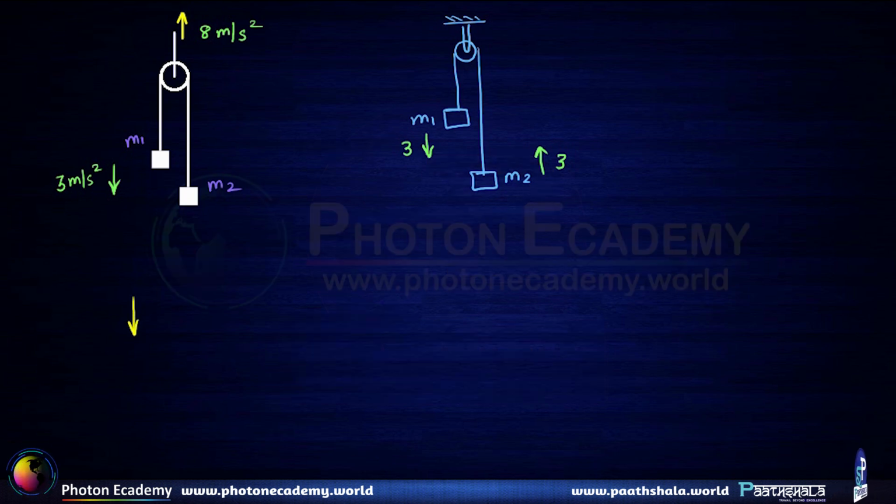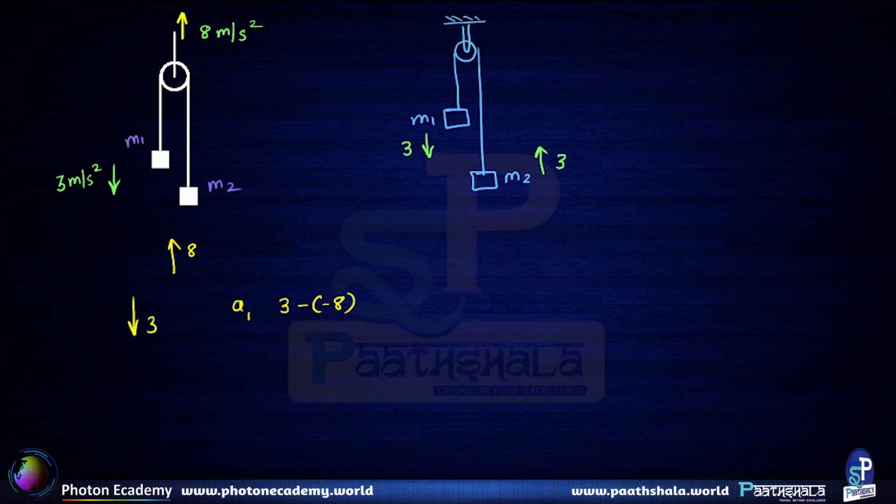So this is 3 and this is 8. The acceleration of mass m1 in the frame of the pulley is 3 minus 8 in the downward direction. So A1 with respect to pulley is going to be equal to 3 minus 8. So that will give me 11 in the downward direction.